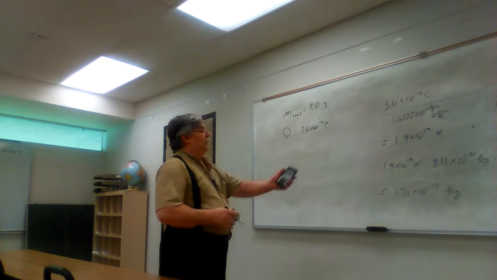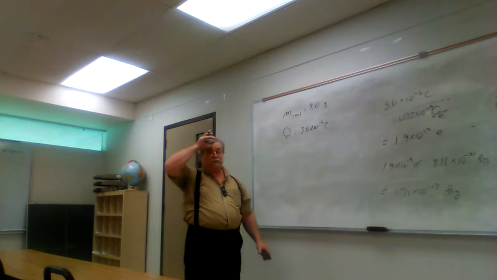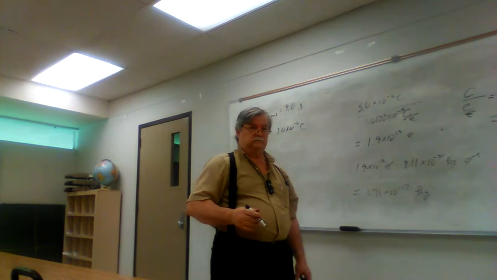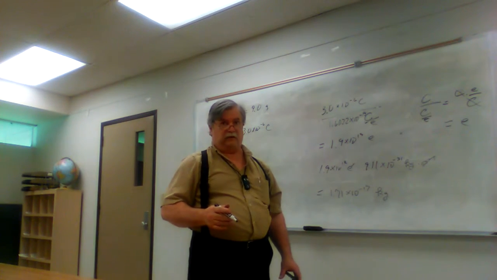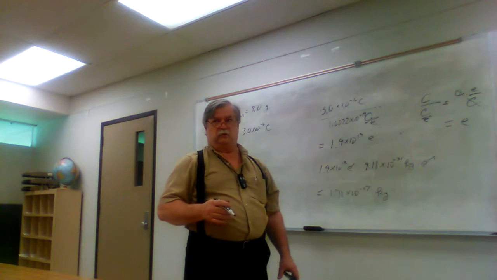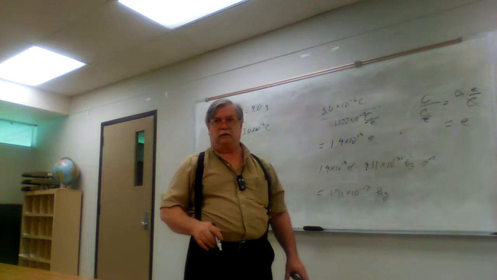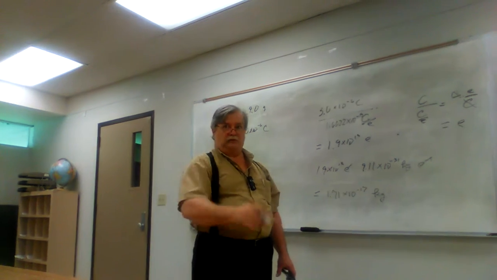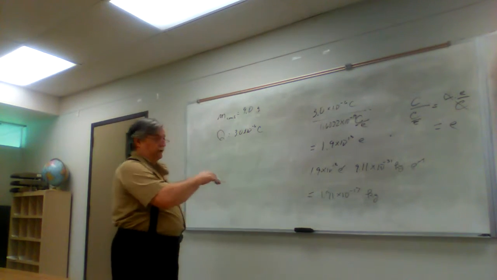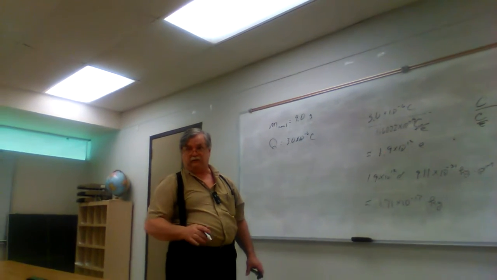Now, what percentage of 9 grams is that? We ain't there yet. Every one of you is making a mistake right now. You have to convert the grams to kilograms. You can convert either, but you've got to convert one to the other, or you don't get the right answer.